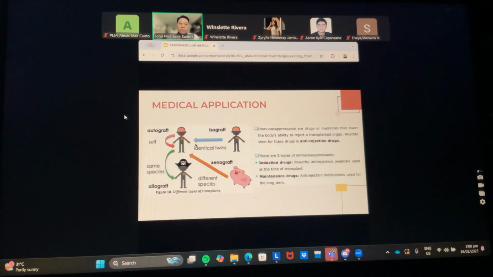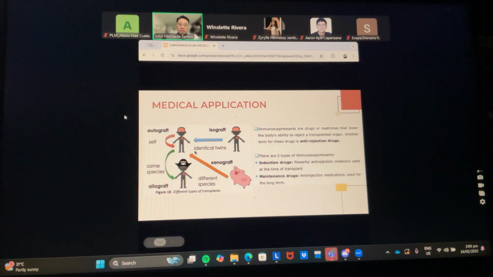So medical application, ayan, we have your different types of grafting. Kapag yung sarili mo, yung dinonatan mo, for example, yung skin mo, or nagka-burn ka, tapos transfer yung skin mo sa puwet, sa mukha mo, that is your autograft, okay? So self. Kapag nanggaling naman yung transplant sa'yo sa identical twin mo, that is known as your isograft.